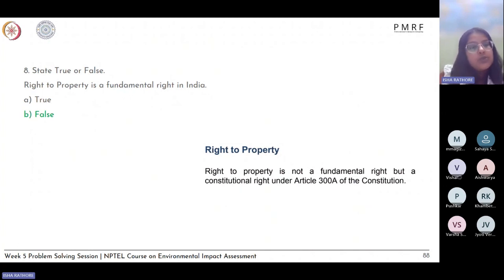Any person who is born is not entitled to a property just because you are a citizen of India, but you need to acquire it or pay certain compensation for owning that property for a certain lease period, and that can be renewed, of course, but the property can also be acquired by the government for the development of public use. So it's not a fundamental right, but it is a constitutional right. So the statement given was false. Okay, so B is the correct answer. Moving on to the next question.